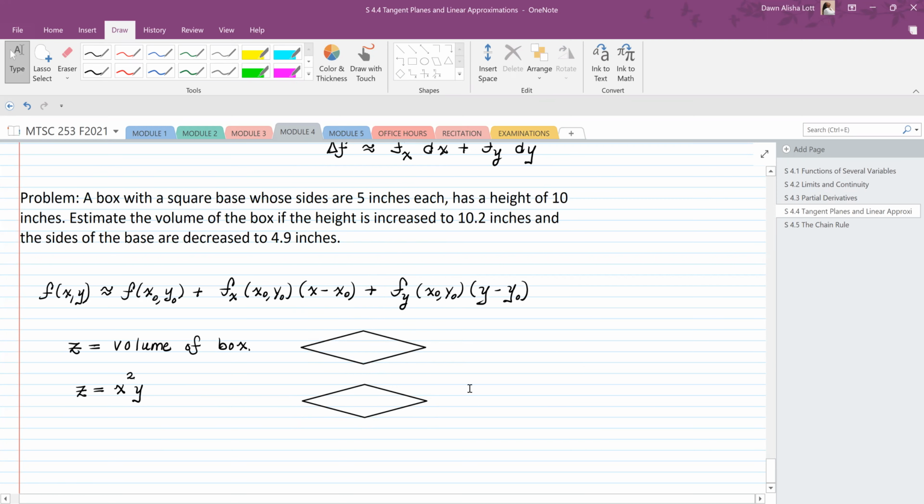Okay, so you see my box? Oh, what's wrong with this? You're gonna get on my nerves. Thank you. It shouldn't have been that hard. Here's my box with the square base.